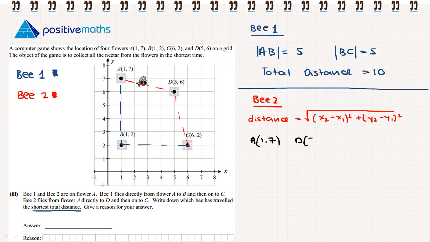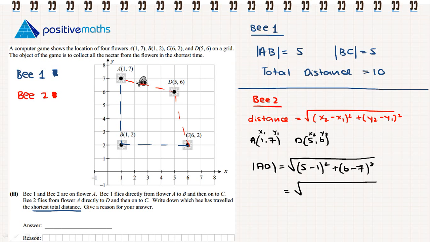A is (1, 7) and D is (5, 6). I need to label these x1, y1 and x2, y2. So the distance AD is equal to the square root of (x2, which is 5, minus x1, which is 1) squared, plus (y2, which is 6, minus y1, which is 7) squared.